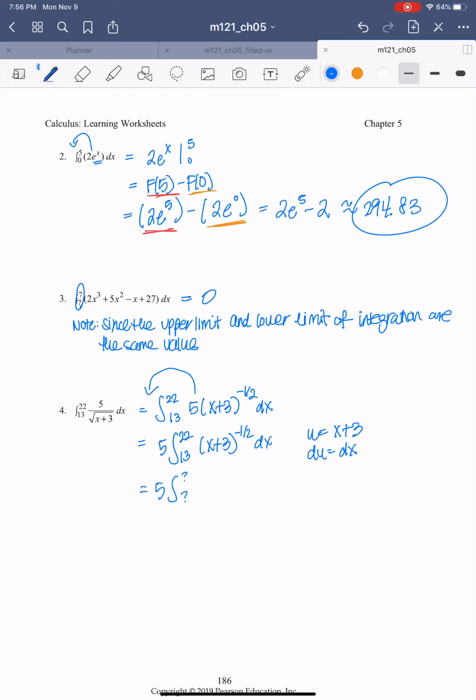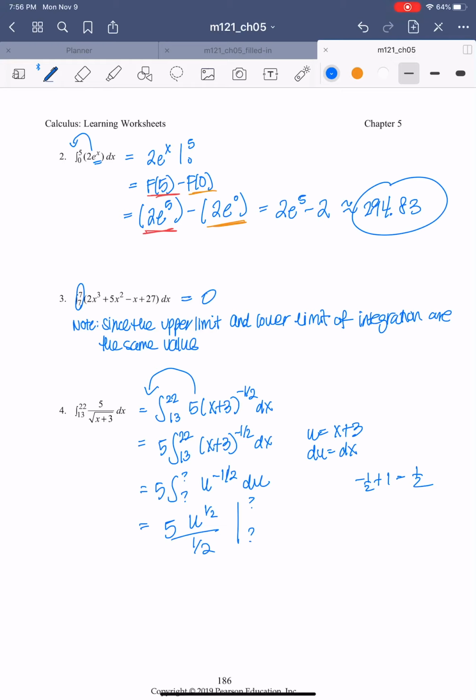I'm gonna resubstitute back when we have an x function. So you have this u, raised to the negative 1/2 du. So 5 u, negative half plus 1 will be just half. So raise it to the half divided by half. Still question mark because I have u.